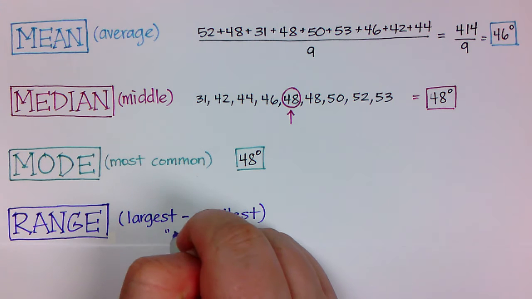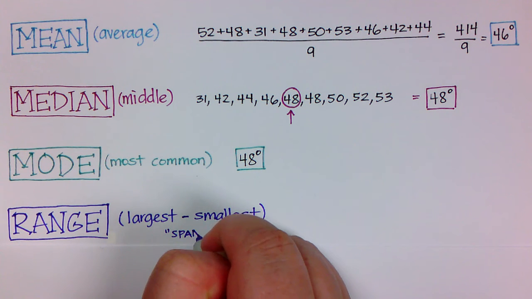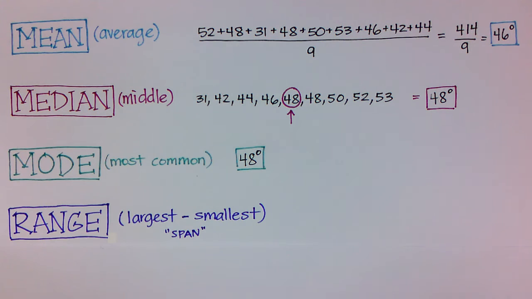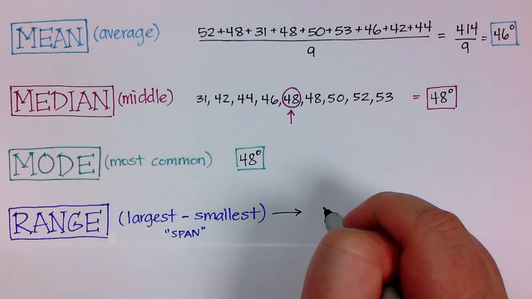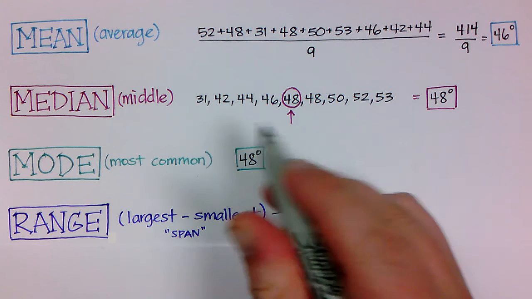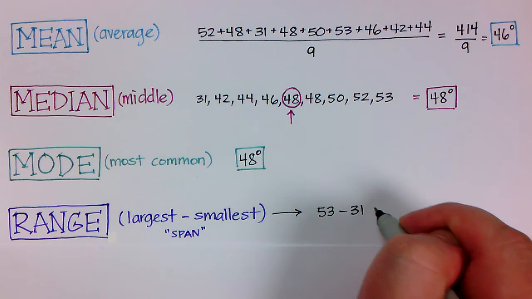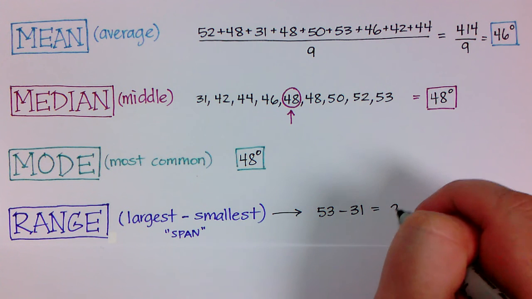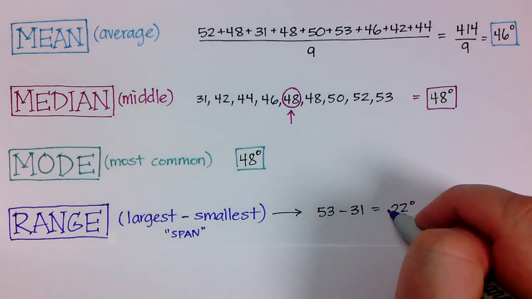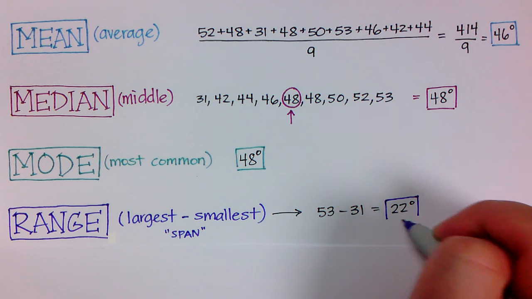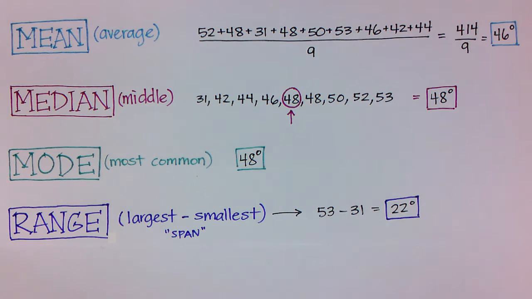So maybe you want to say the span. How far apart from the largest to the smallest are all of your items? So in this case, the largest number is 53. The smallest number is 31. So the range is 22 degrees. So in those 9 days, there was a difference of 22 degrees from the coldest day to the hottest day.